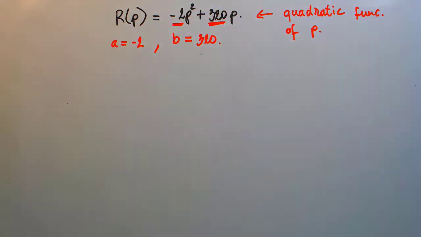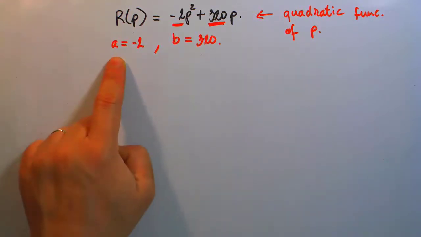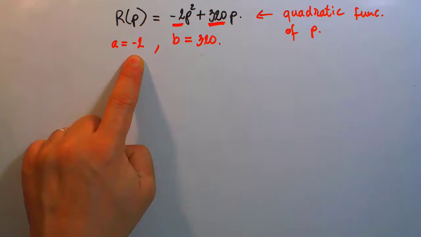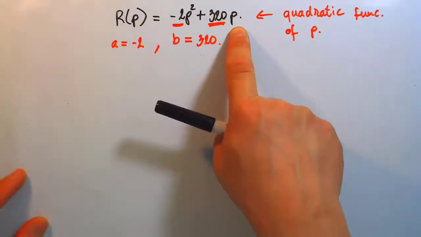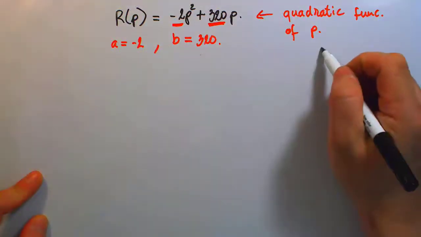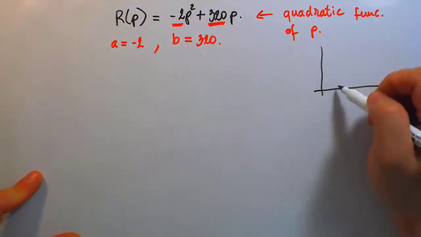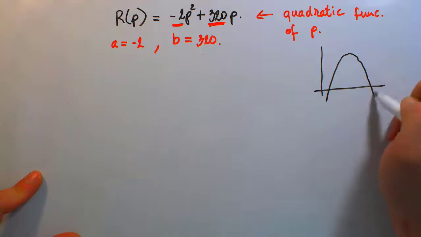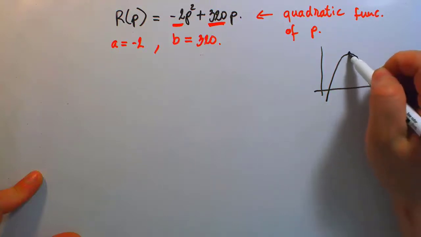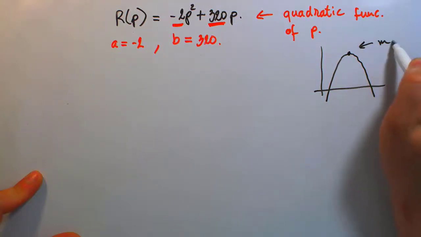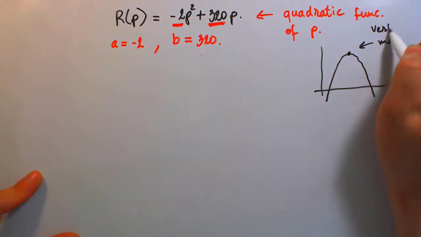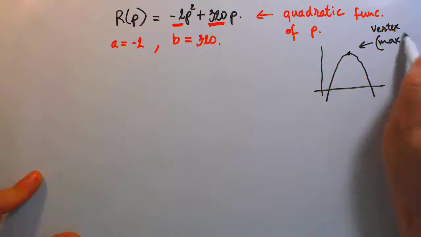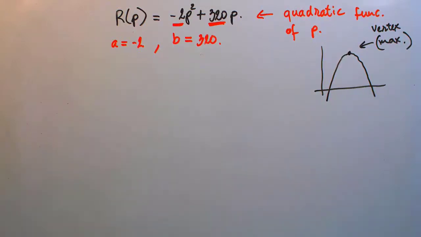Immediately finding that the quadratic coefficient is negative, if we put up the graph of this quadratic function R of p, we are expecting a parabola pointing down like this, where the vertex will be the maximum value. So the vertex is the highest point on the graph, which makes perfect sense with this question.